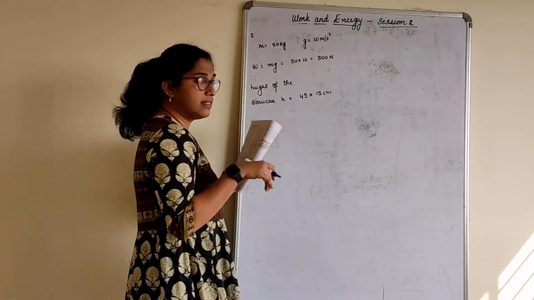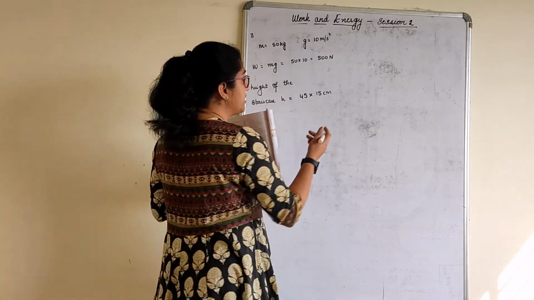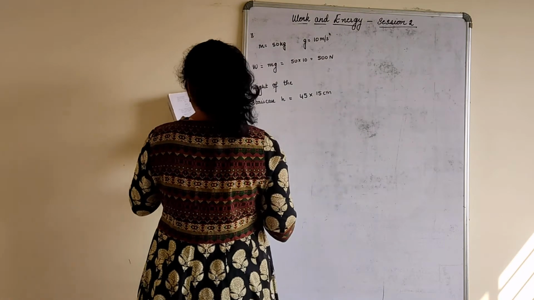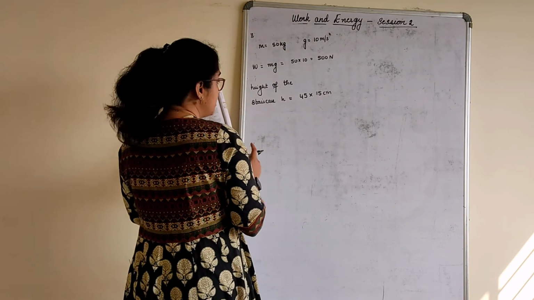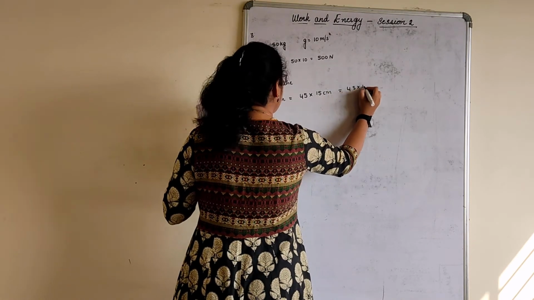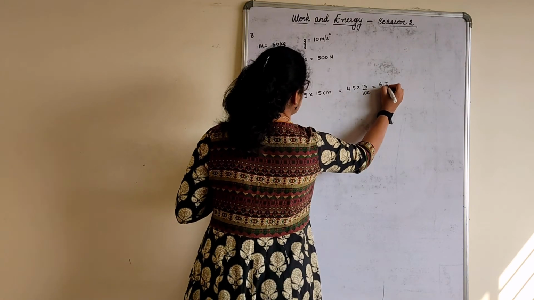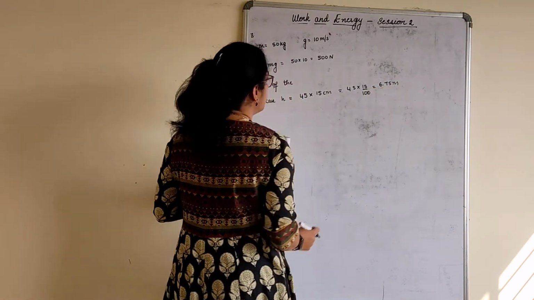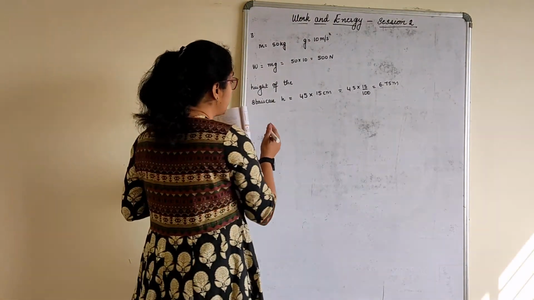We'll convert this, because they have given each step will measure 15 centimeter. The time taken by the boy is 9 seconds. So you write this as 45 into 15 by 100, which is 6.75 meter. Or you can keep it as the same thing only. Then, time taken is how much?